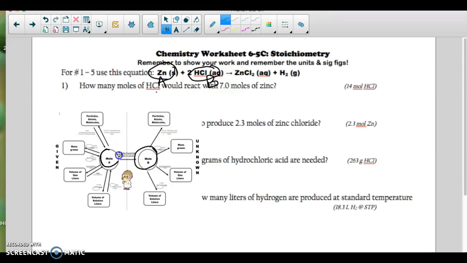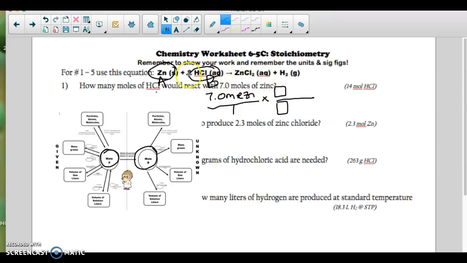So I'm starting here with my A, my moles of zinc, and I'm going to convert over to moles of HCl. So when I do the problem, always start with your beginning number over 1, and then we're going to do the mole-mole ratio. When we do the mole-mole, just to remind you, this is the only time we're going to use the coefficients.